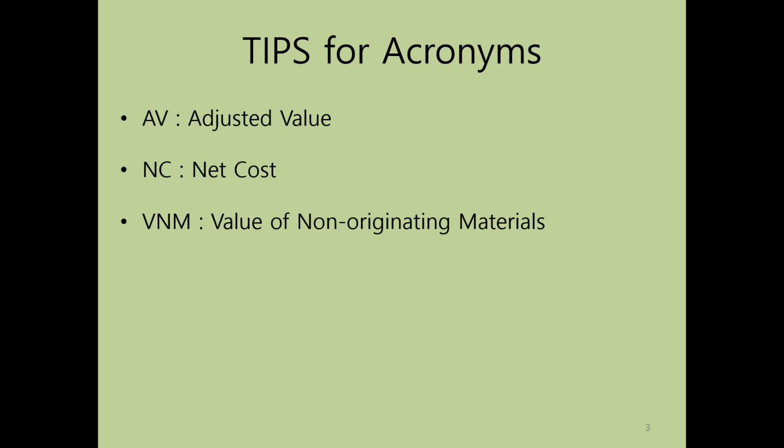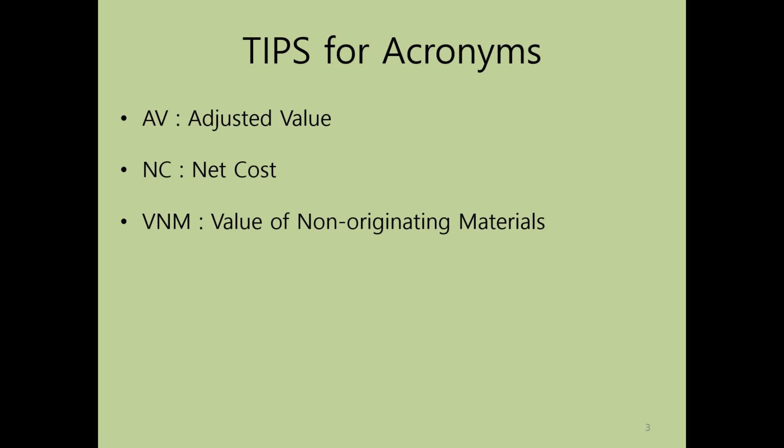Prior to explaining a net cost method, I will tell you what each acronym stands for. AV stands for adjusted value, and you can regard it as product price. NC stands for net cost, and we will talk about it in this video. VNM stands for value of non-originating materials.